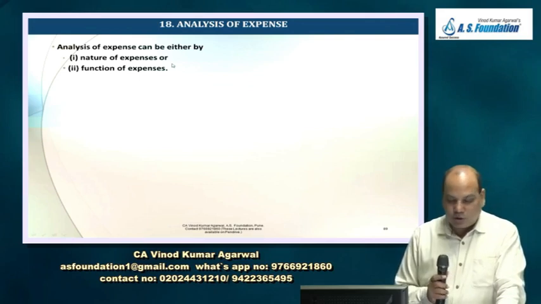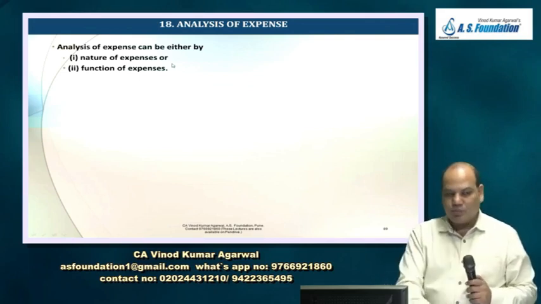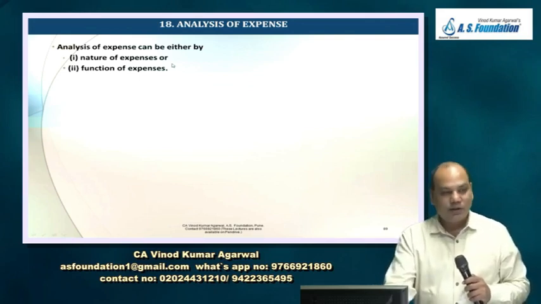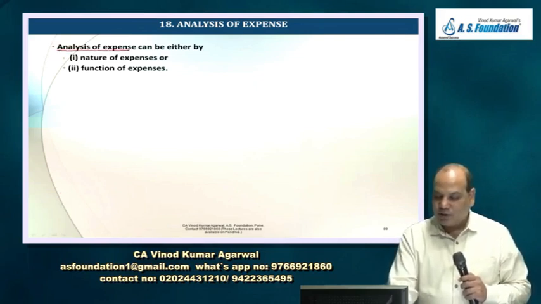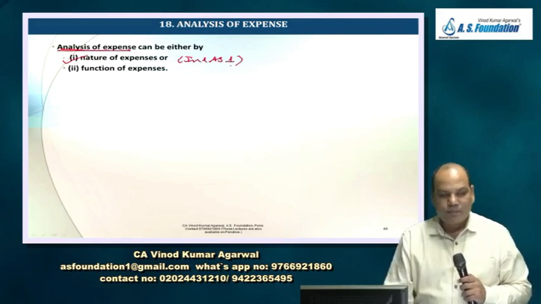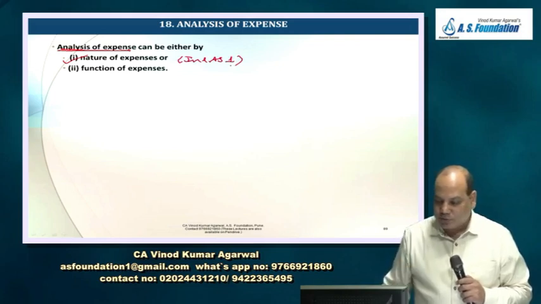Function. Now again you tick mark. This is a point of difference between IAS 1 and IND AS 1. In IND AS 1 only one method of analysis is allowed, that is nature.